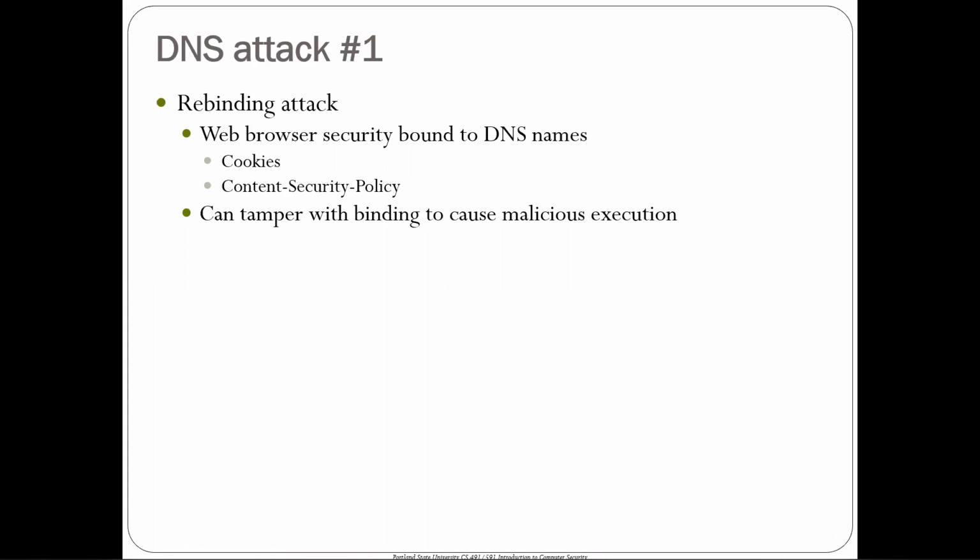And when you resolve that name again, the adversary is going to trick you into going somewhere else. In particular, a local private machine on your network or a local service on your network. You're thinking you're running a script on this attacker domain, but you're actually running it against your own resources. And that's what this rebinding attack is going to do.